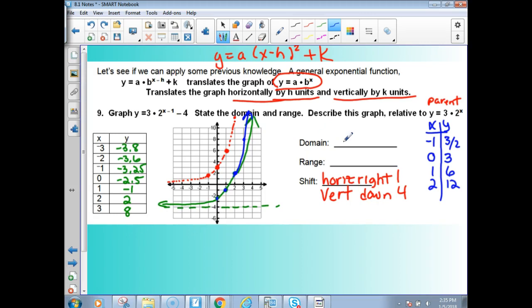Okay, so what's the domain? Still negative infinity to infinity. But here's where, when you were asking me that question before, the range changed, didn't it? So it goes from negative 4 to infinity and does include the negative 4. Okay, so that makes more sense now, I hope.